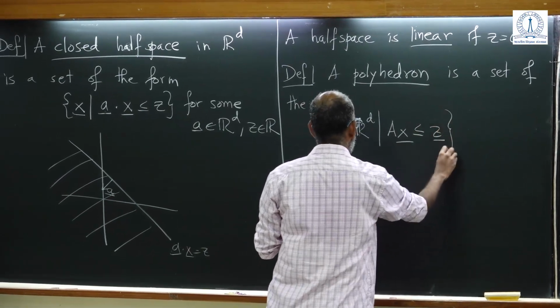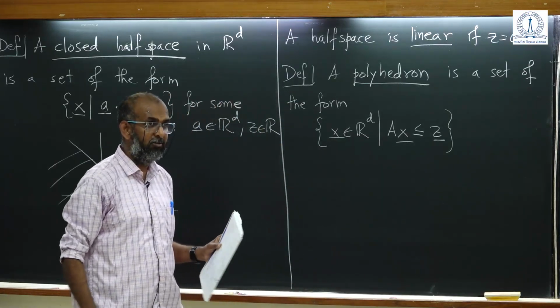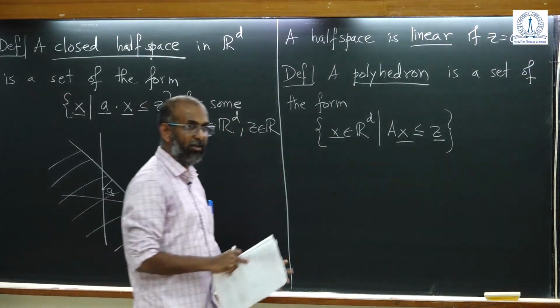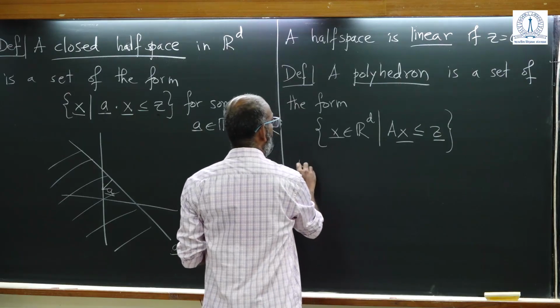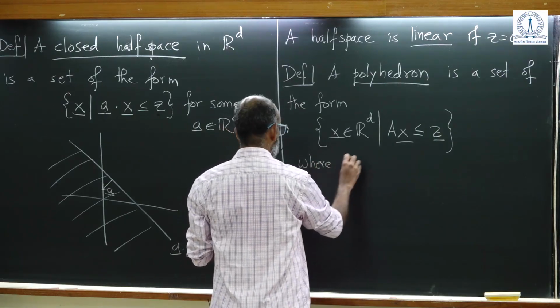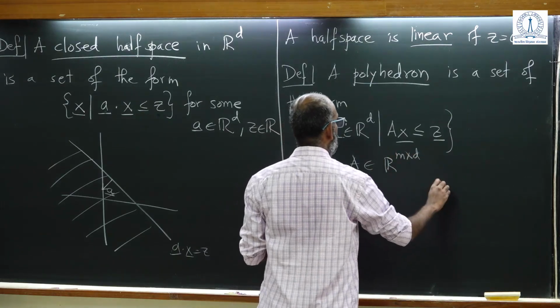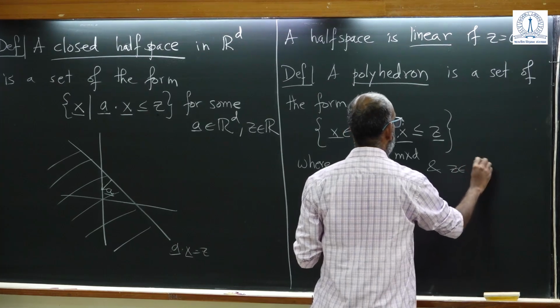I'm underlining vectors just to prevent confusion. So here z is a number, here z is a vector, where A is in R^(m×d) and z is in R^m.